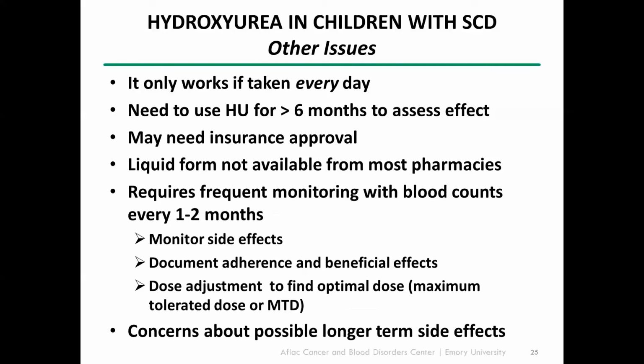And I think the biggest inconvenience for most of the families whose children take hydroxyurea is that they do end up needing more frequent monitoring with blood counts and clinic visits every 1 to 2 months, so there's a trade-off that the children come to the clinic to get their blood counts checked more frequently than they would have if they weren't taking hydroxyurea.